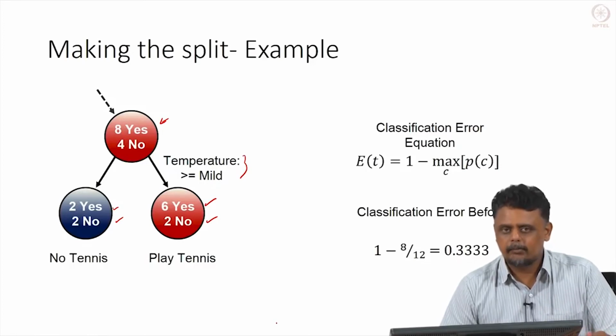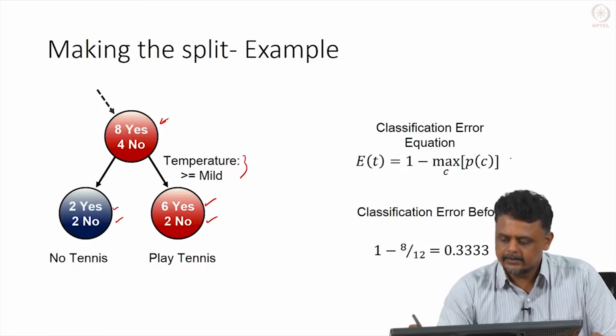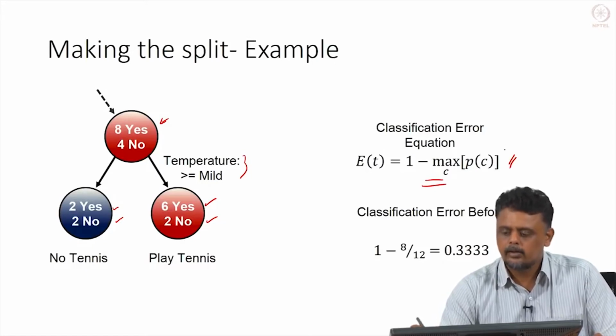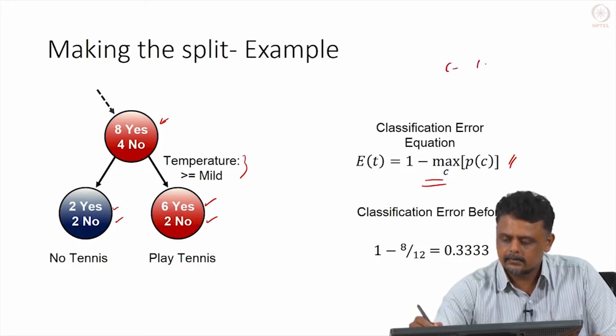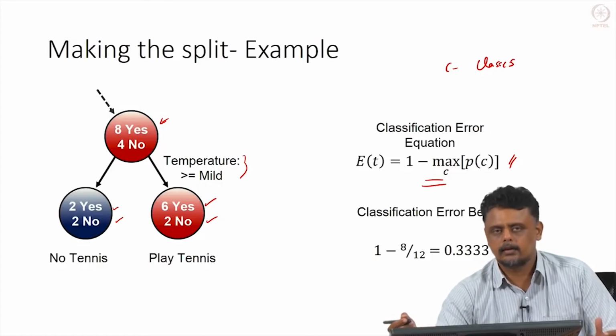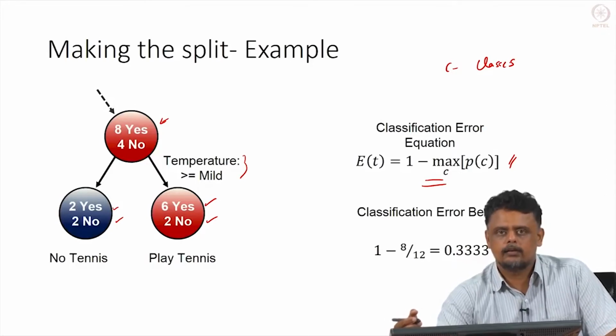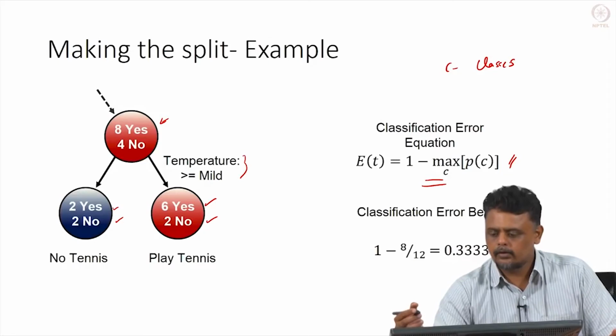This particular example is just to illustrate why using the classification error is a bad idea. This is the equation for the classification error, 1 minus maximum of P of C, where C denotes the class. The number of classes can be more than 2. Typically for a binary classification we have 2 classes, but there could be multiple classes also for this kind of algorithm.